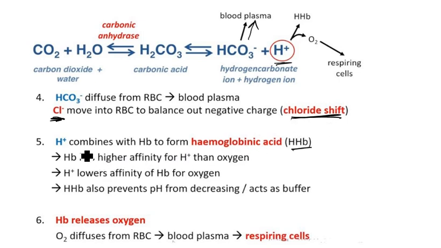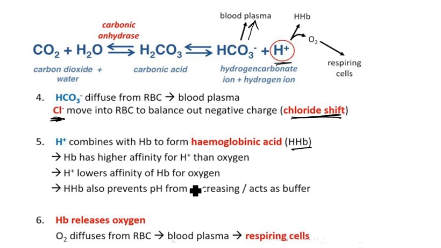Then after that, the hydrogen ion that remains will combine with the hemoglobin within the red blood cell to form hemoglobinic acid. Now, because hydrogen combined with it, it will create a high affinity for hydrogen rather than oxygen.